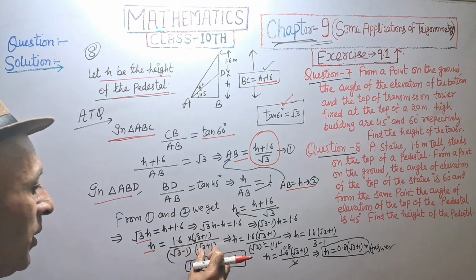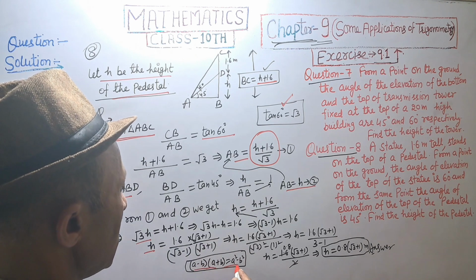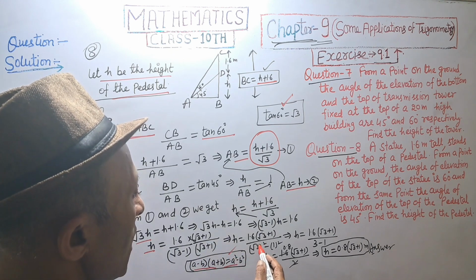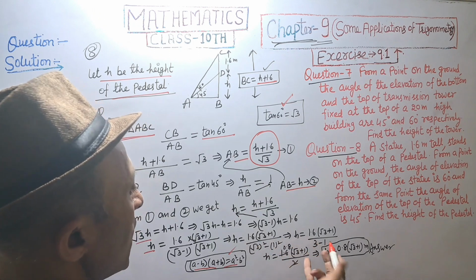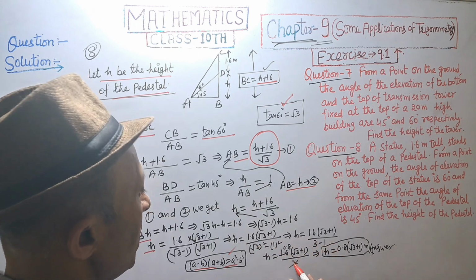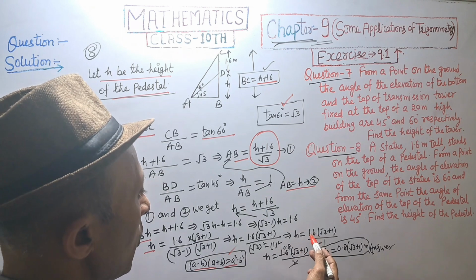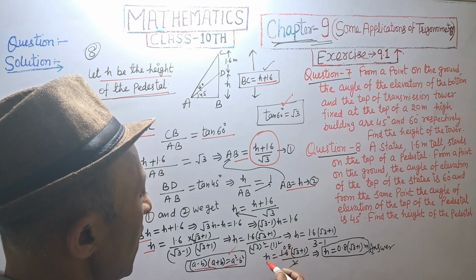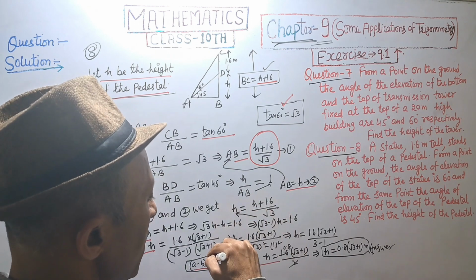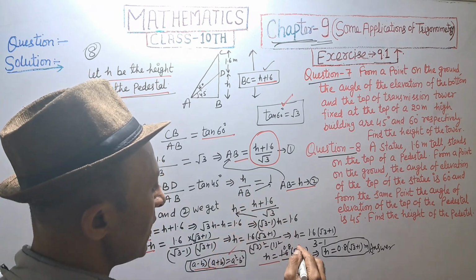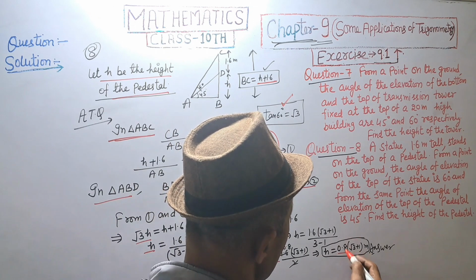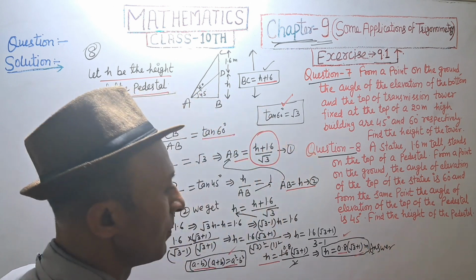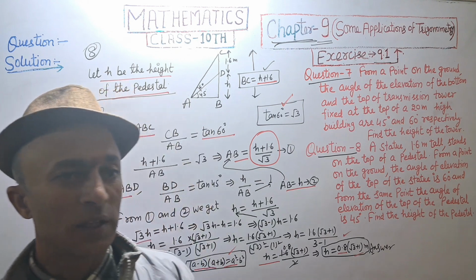We get in the denominator a plus b, a minus b, that is a square minus b square, and root 3 square is equal to 3, and 1 square is 1, 3 minus 1 will be 2, and 1.6 divided by 2 is 0.8. The height of the pedestal we want to find is 0.8 into bracket root 3 plus 1 meter. Answer. Thank you so much.